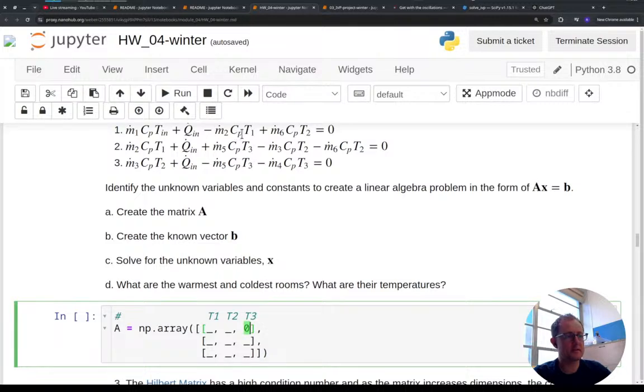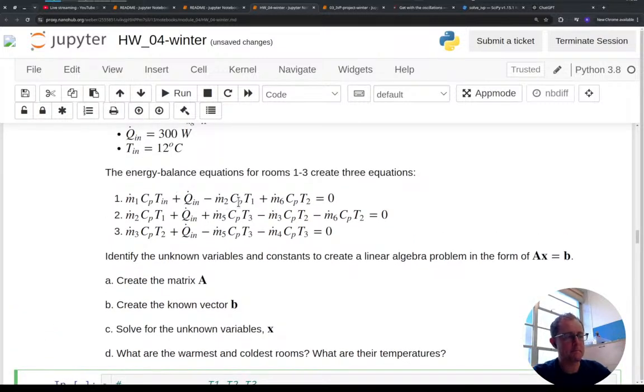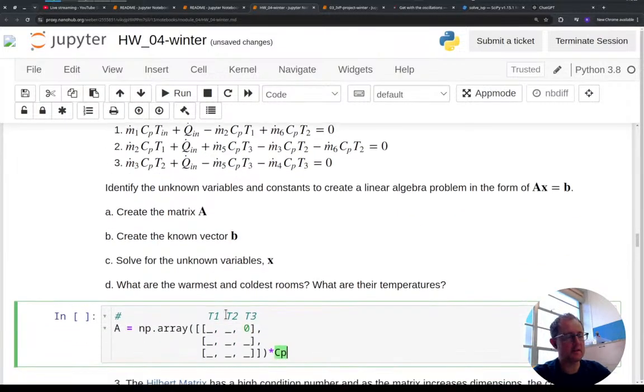So here, the T1 value is an M2 and a CP. And this whole matrix is multiplied by CP, so at the very end, I'll say times CP. The first term is an M2 times CP, so I'll put a negative M2 right there. The next term is an M6 times CP T2, so this is going to say M6.